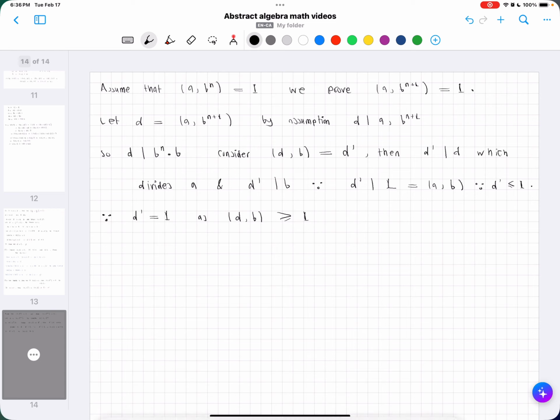So by the previous corollary, since D prime is equal to 1, we must have that D divides B to the n. Let me just check the book.